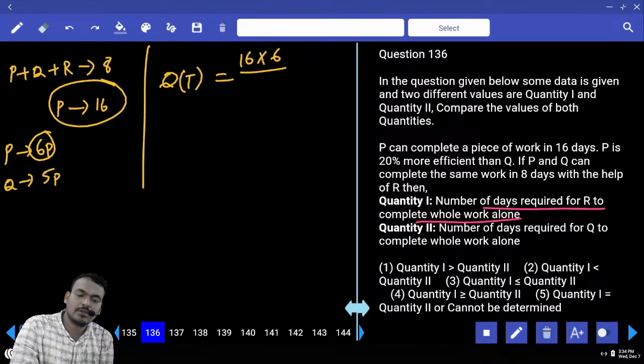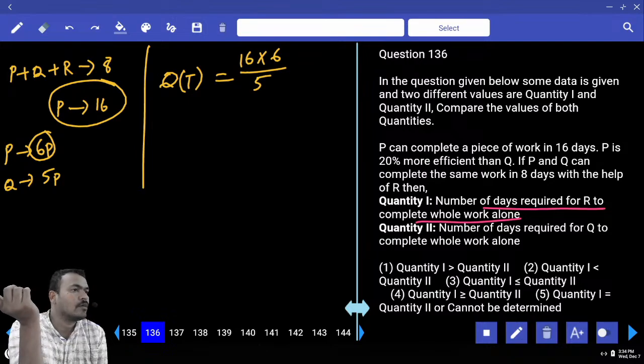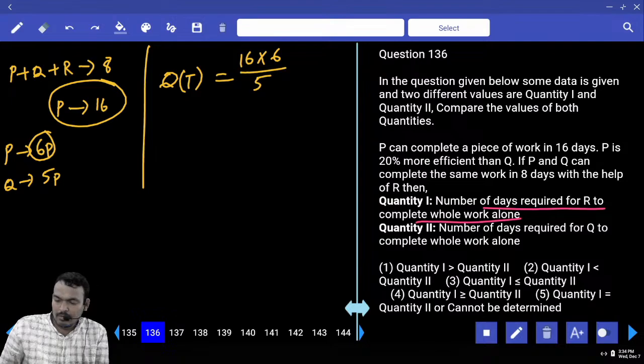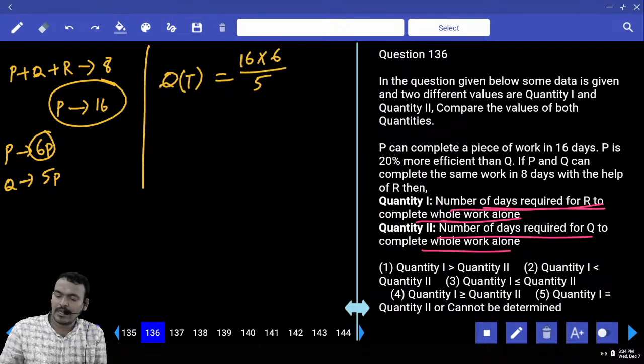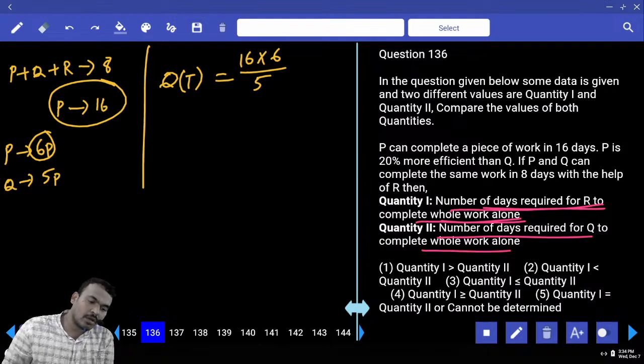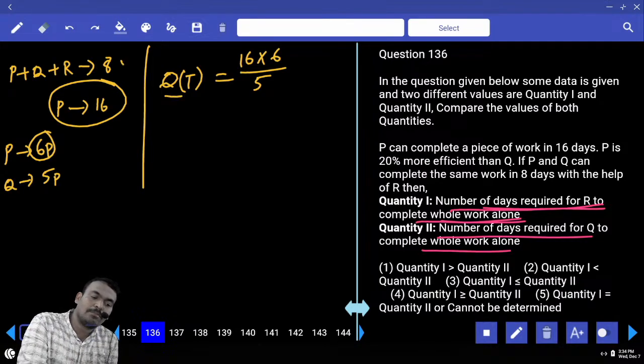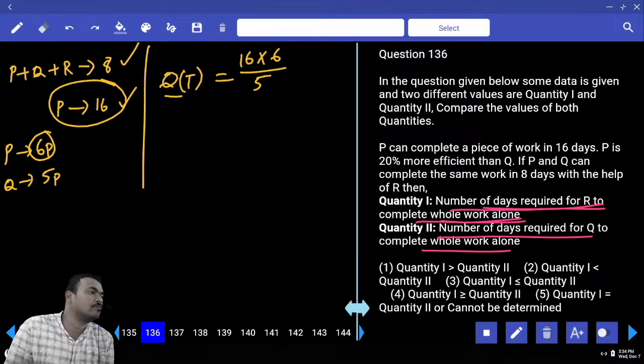What is the Q efficiency? 5, or not? Then we get the Q time. Again, the quantity one: number of days taken by R to complete the whole work. Already we know the Q time, and already we know the P plus Q plus R time and the P time.